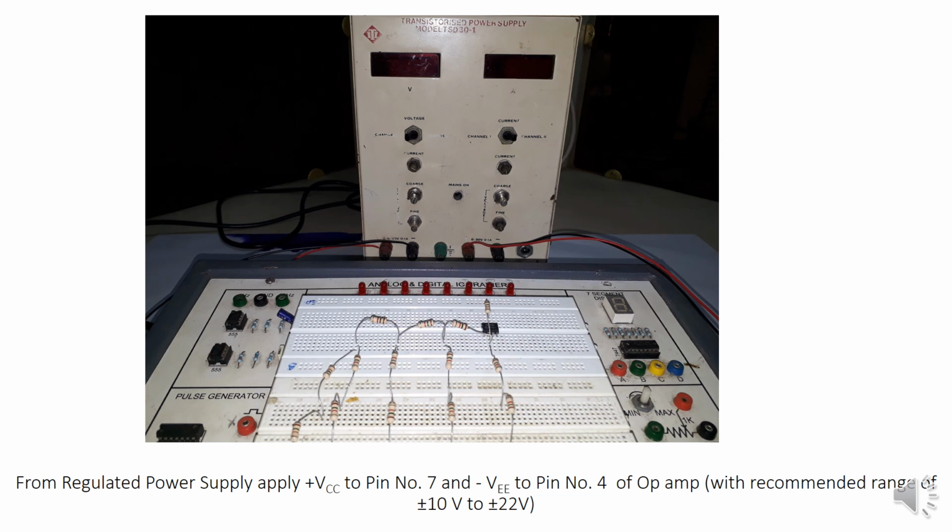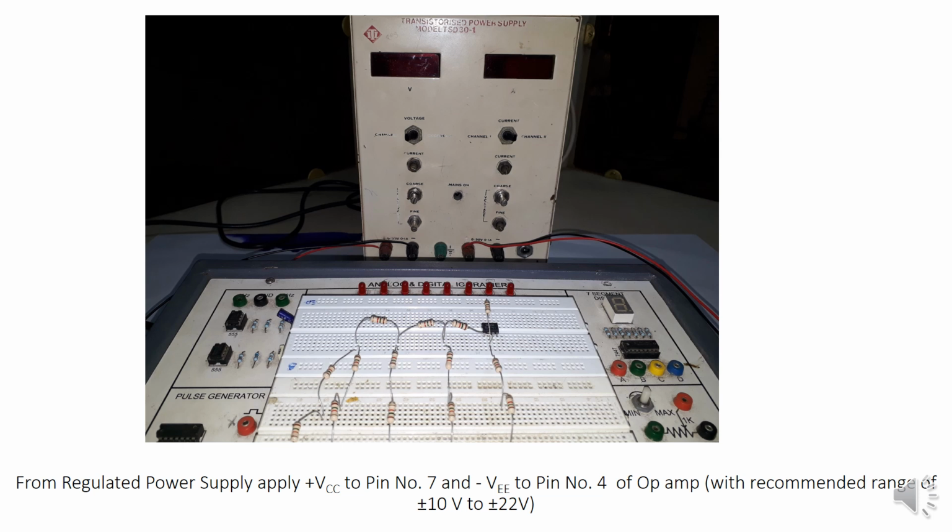While connecting plus VCC, you should connect the positive terminal to pin number 7 and the negative terminal to ground. Likewise, for VEE, that is negative voltage, connect the negative terminal of the other supply to pin number 4 and connect the positive terminal to ground to get positive VCC and minus VEE.